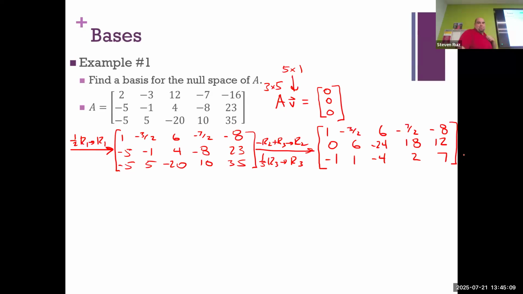Good. Oh yeah, that worked out nice. So 1/6 of row 2 back to row 2.